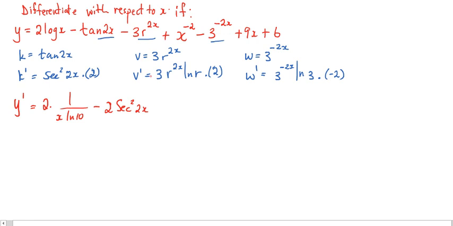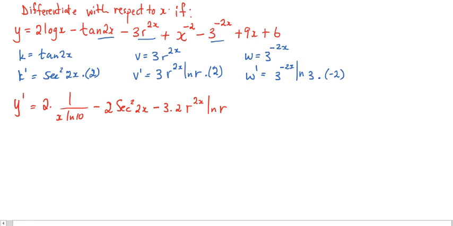That's the derivative of k. And the derivative of minus v, so we've got minus, minus 3 times 2 r to the power of 2x, the ln of r.